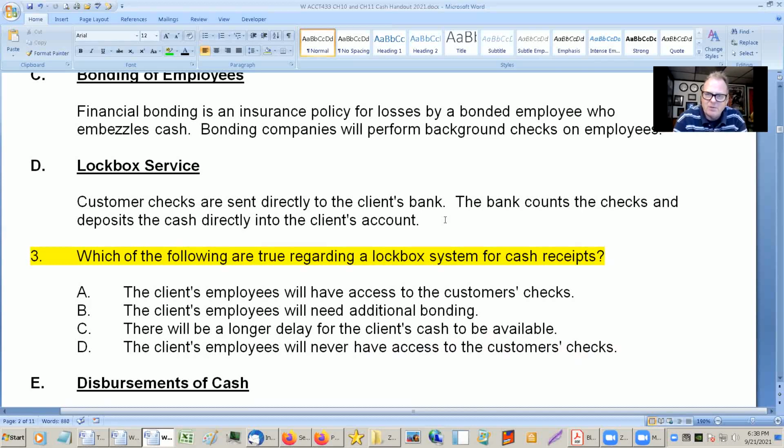They have special ones set up for everything, like paying credit cards. So a lockbox service is just all of your customer checks going directly to the bank. The bank makes the list and makes the deposit directly into your account. There's nothing else involved.